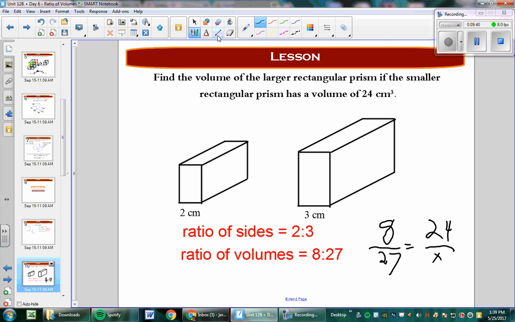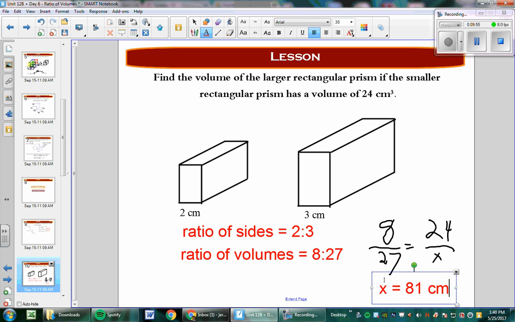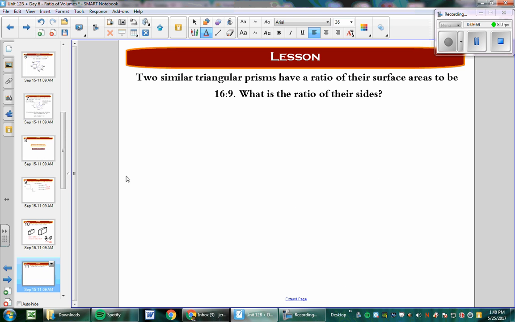So now I cross multiply and divide. So I have 24 times 27 and divide that by 8 to get x equals 81. So the volume of the bigger one is 81 centimeters cubed.